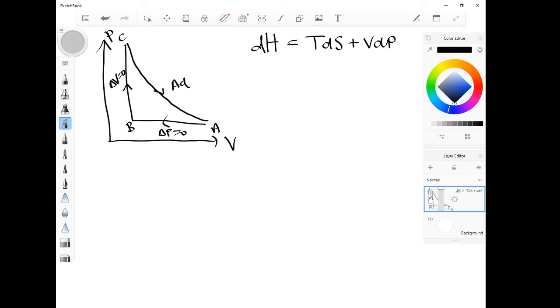And so let's just calculate these changes for each leg of the cycle.